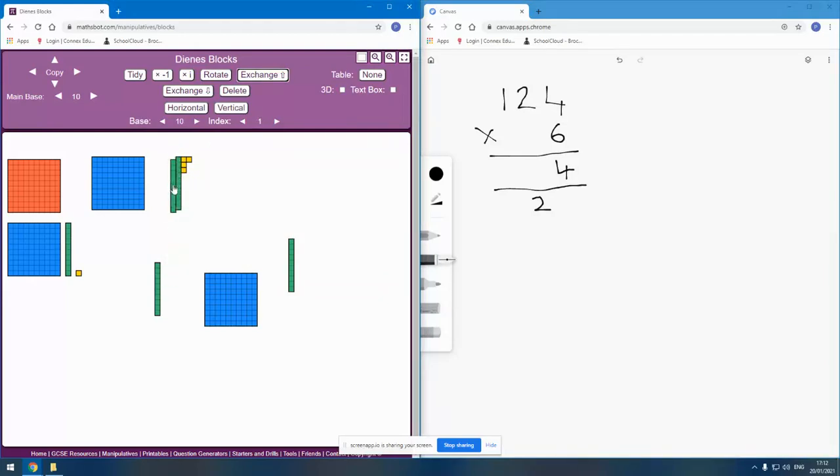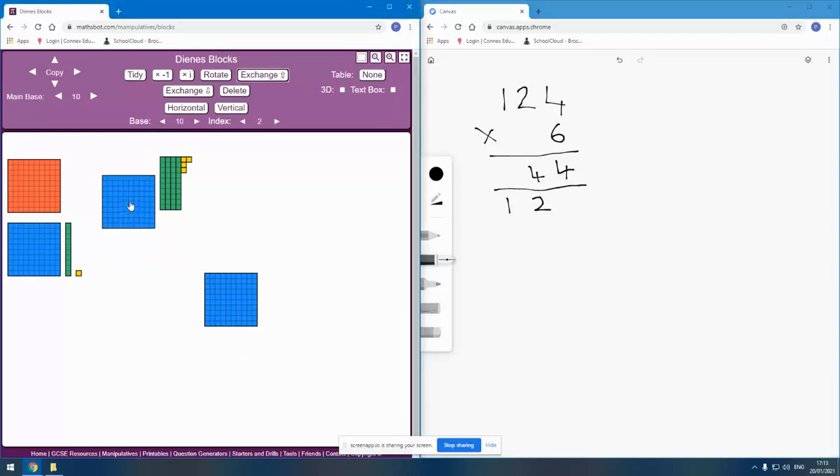So what I have now altogether is 4 10s. And then I've managed to get an extra 100, which I'm going to keep out of the way because I don't need to multiply it, but I will need to collect it with my other hundreds later on.